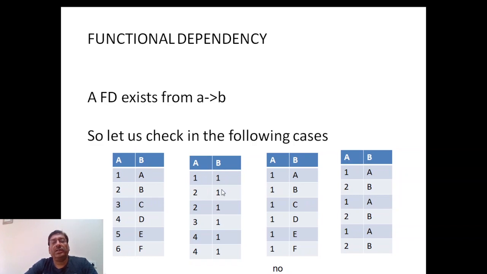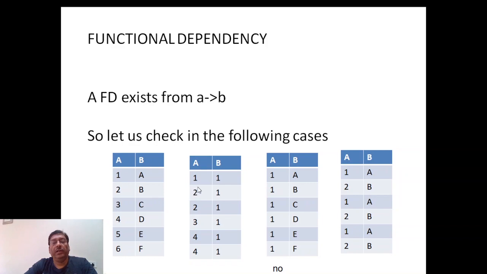Let's understand the second example, wherein the values of A are getting repeated, and the values of B are the same. They are constant. Now whether there exists a functional dependency here or not, we need to check. Whenever I give a value for A, do I get a value for B? The answer is yes. When I give the value for A as 1, I get the value for B as 1.